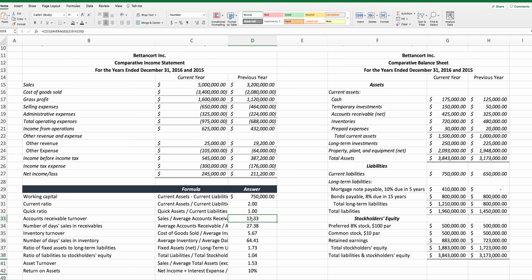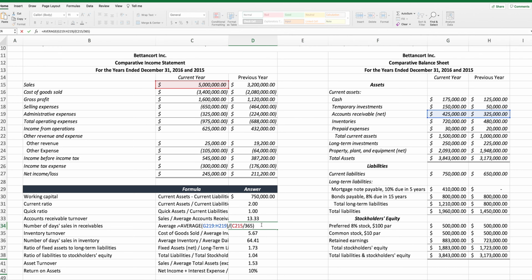And we can actually see that expressed in days in the next one, which is my number of days sales in receivables. So for the number of days sales in receivables, you want to take your average accounts receivable, which you see that I've picked up over here, and divide it by my average daily sales. Well, you can see, let me close this out, that nowhere on here does it tell me what my average daily sale is.